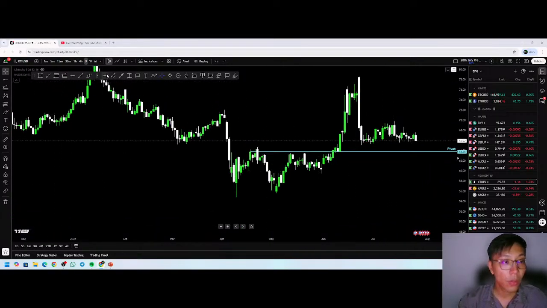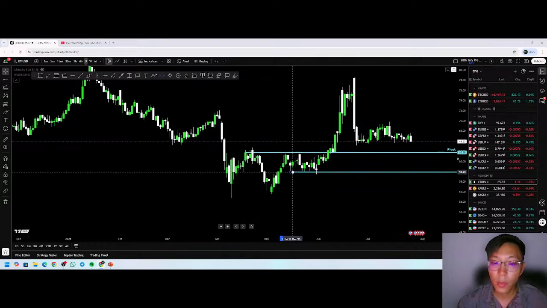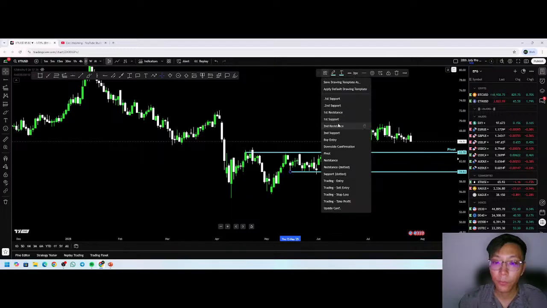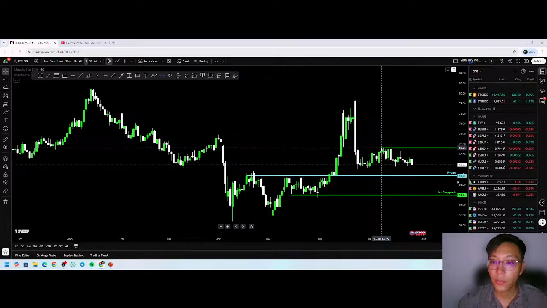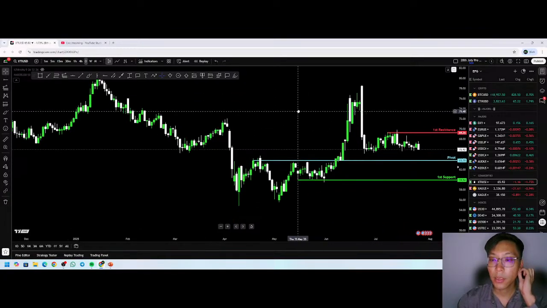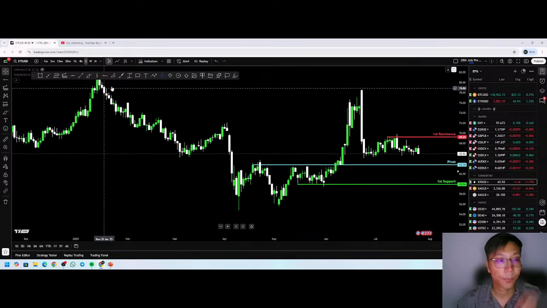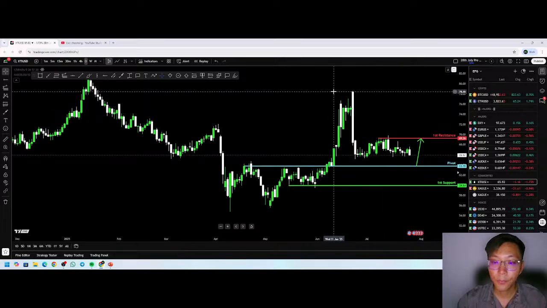Okay, so let me see, yeah, this could be our first support level, and then this is our first resistance over here. Okay, this is what I am looking at. Alright, pivot point, bullish momentum.